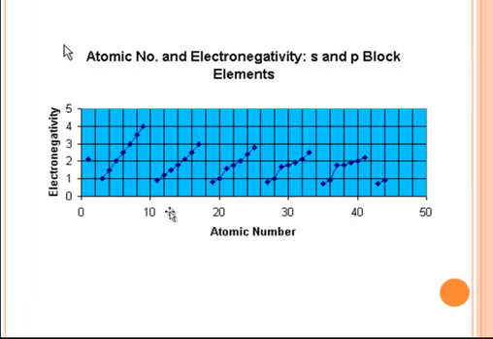So this is another nice plot, and what's being plotted here is electronegativity versus the atomic number for the major S and P blocks. Remember, you have group 1, 2 as the S block, group 13 to 18 as the P block. So this is group 1, and this is period 1, this is period 2, and this is period 3, and this is period 4, 5, 6, and 7.